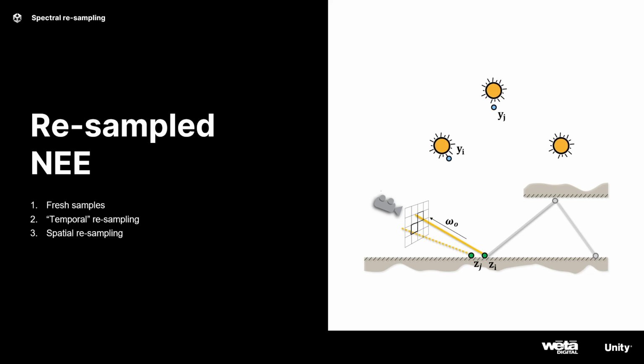Now for the spatial resampling, we can use the formulas exactly as we introduced them for the previous temporal resampling step, only now we take some neighboring pixels as a reservoir that will be used for merging. So in these reservoirs we have our receiver points zj and samples on the light yj.